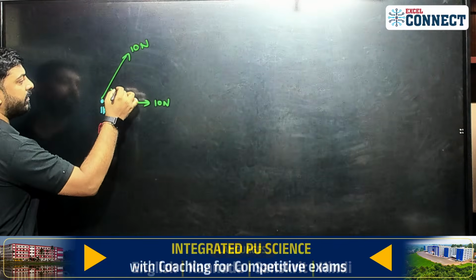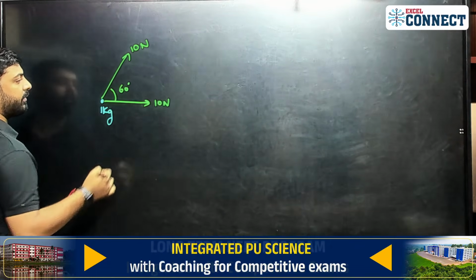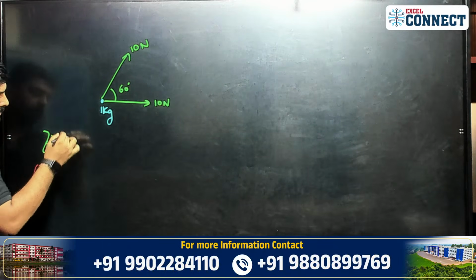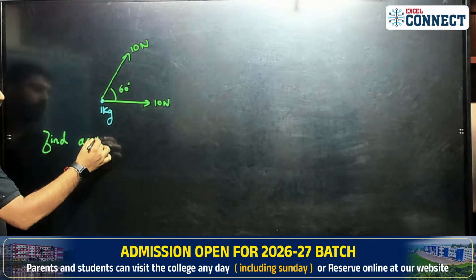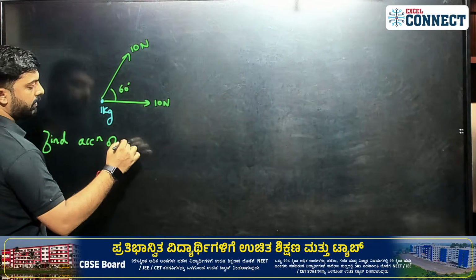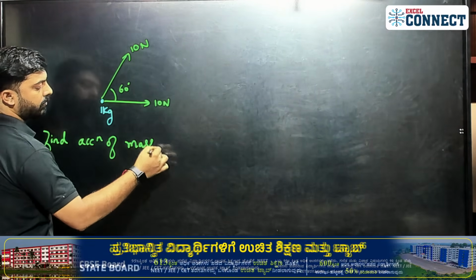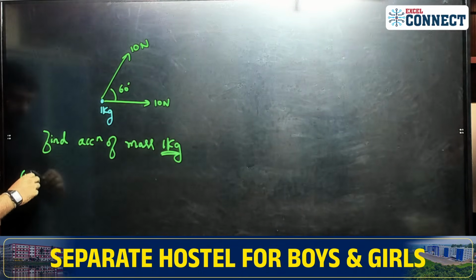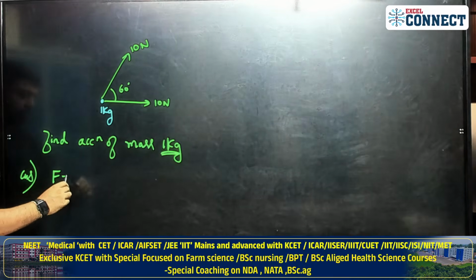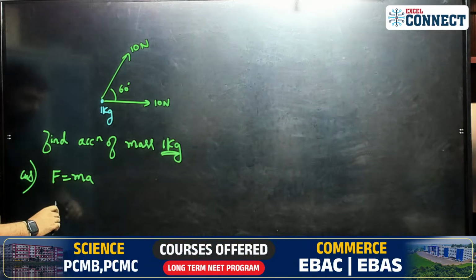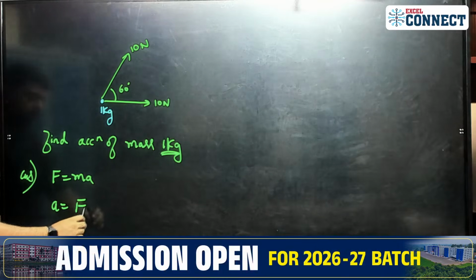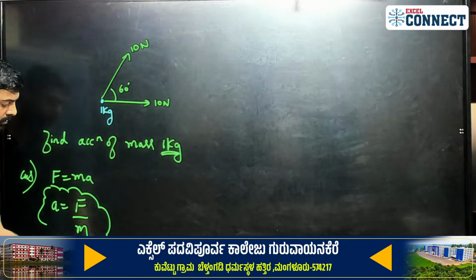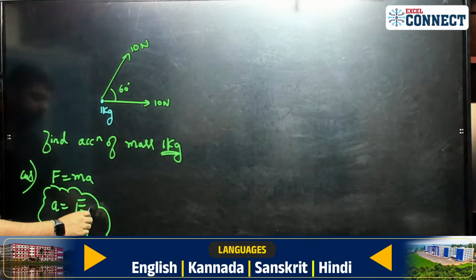Angle between them is 60 degrees. You have to find the acceleration of the mass 1 kg. So, you already know a simple formula, F is equal to ma. By this formula we can find acceleration. Okay, but the thing is that this is net force.